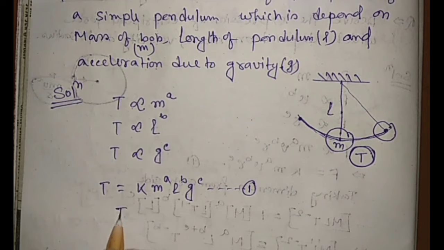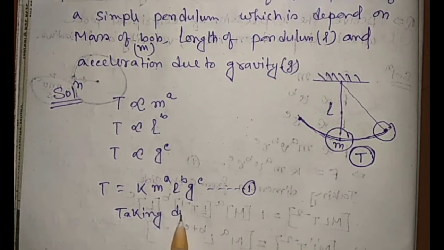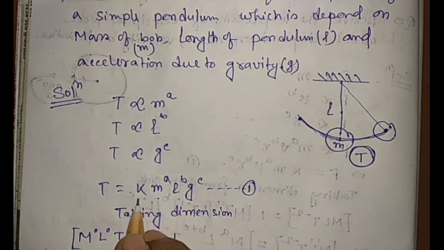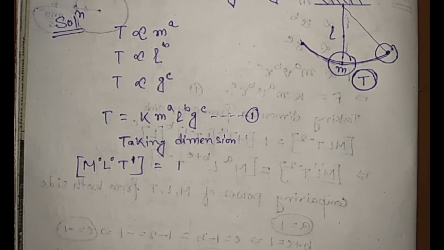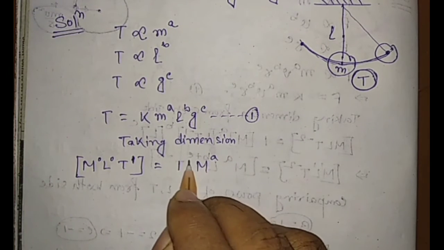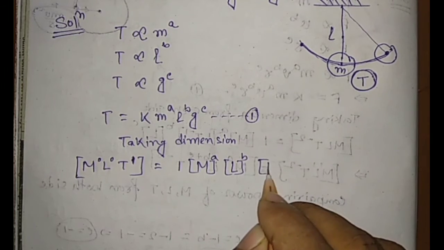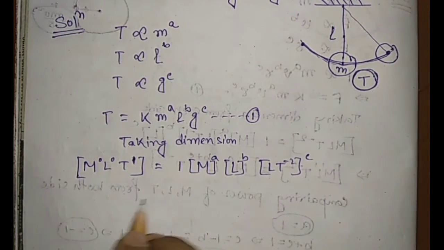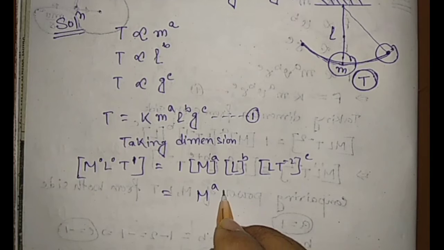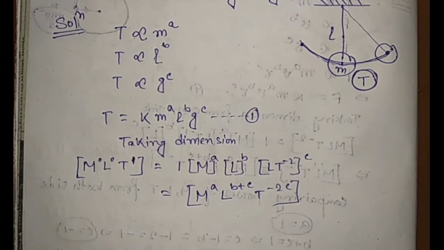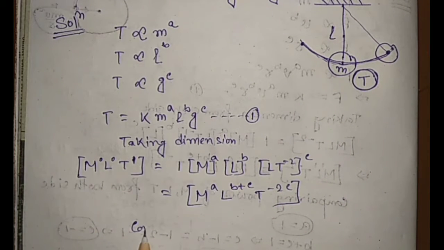Now taking dimensions from both sides, this is M0 L0 T to the power 1 equals k, a dimensionless constant, m to the power a, L to the power b, and g, L T to the power minus 2, whole to the power c, which equals m to the power a, L to the power b plus c, and T to the power minus 2c.